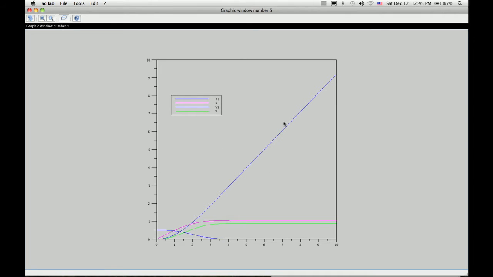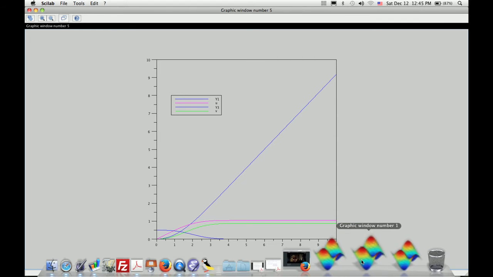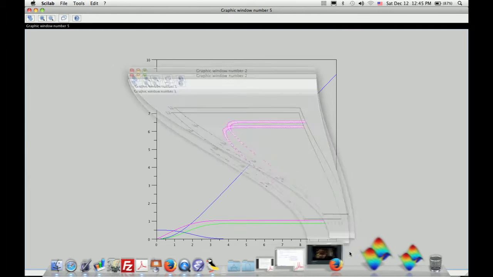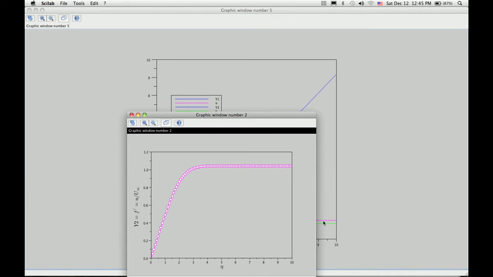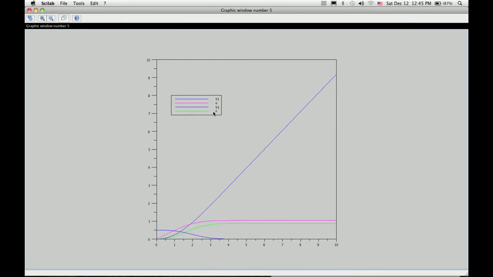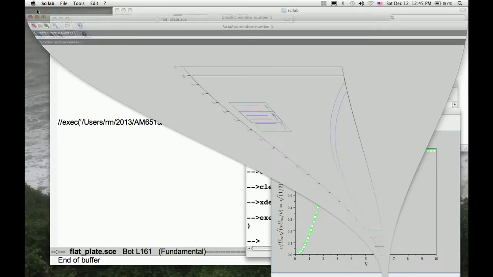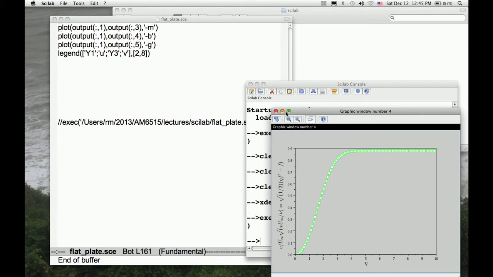One is y1 and the other is y3. So y1 is f and y3 is f triple dash, okay.